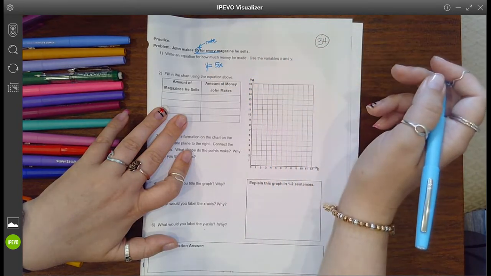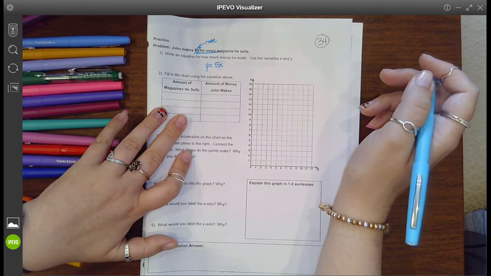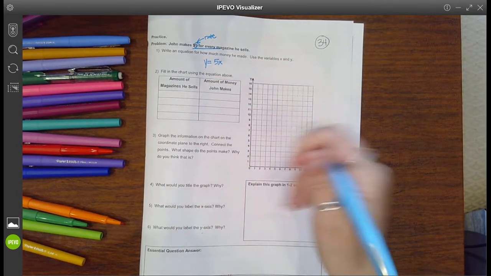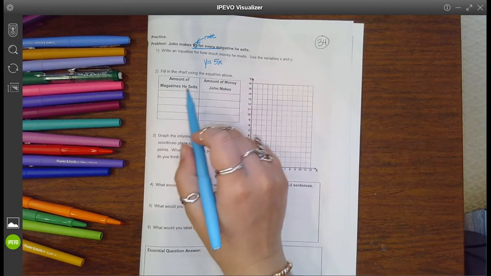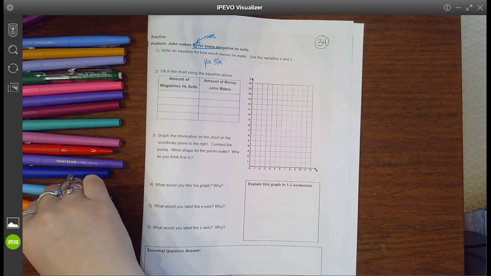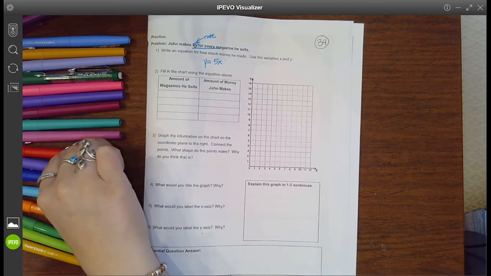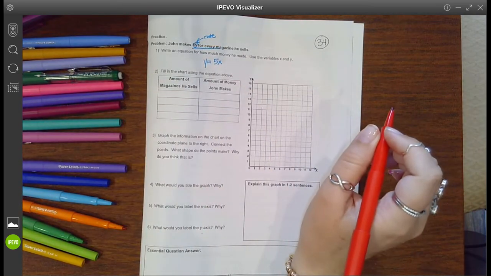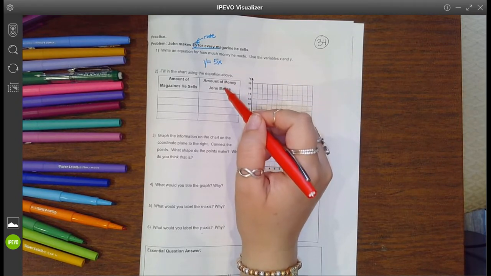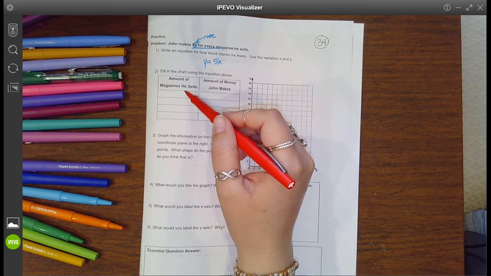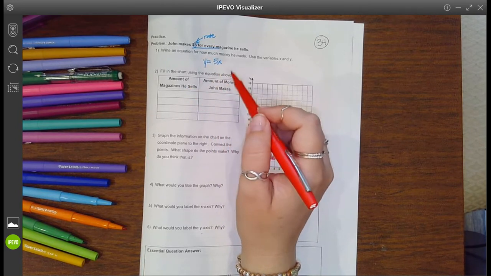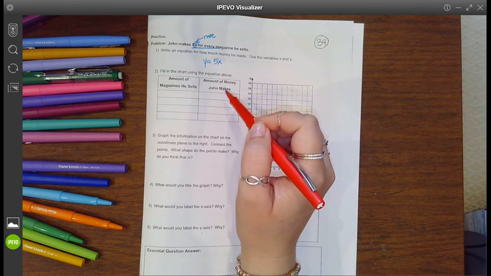I kind of just labeled my independent and dependent variables, didn't I? But let's go ahead and make sure that we fill out everything that they asked me to. They said fill in the chart using the equation above. So which one's x and which one's y? Is it how much money I make depends on how many magazines I sell? Or is it how many magazines I sell depends upon how much money I make? The first way made more sense, huh?